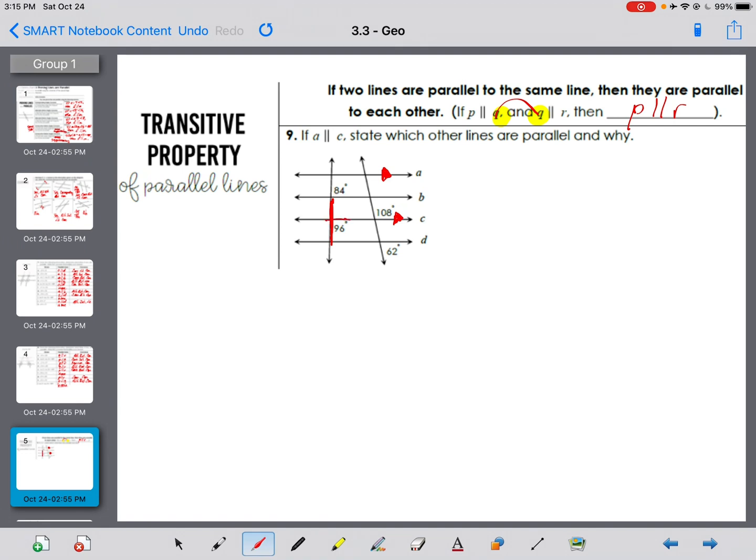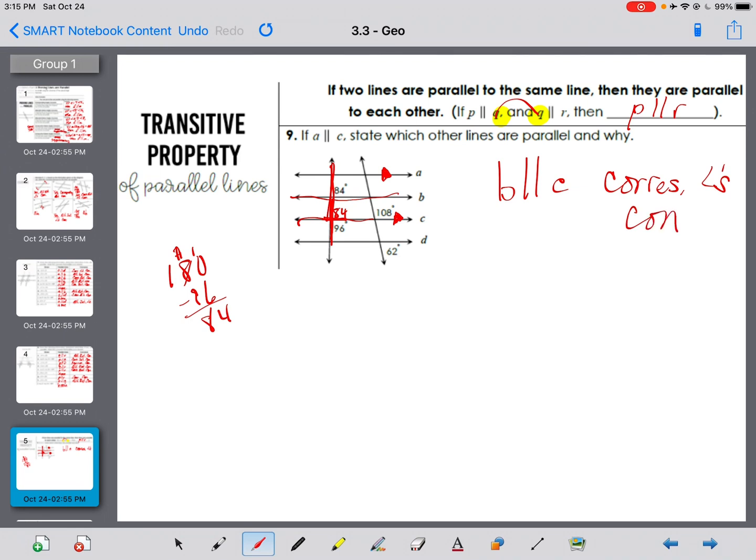So what's the other side of 96? So we have this little situation right here that we can figure out supplementary. So let's see, 180 minus 96. 10 minus 6 is 4. 17 minus 9 is 84. That's 84. So if we go with this cutter and these 2 lines, correspondingly, we know that B is parallel to C, is the corresponding angles converse.